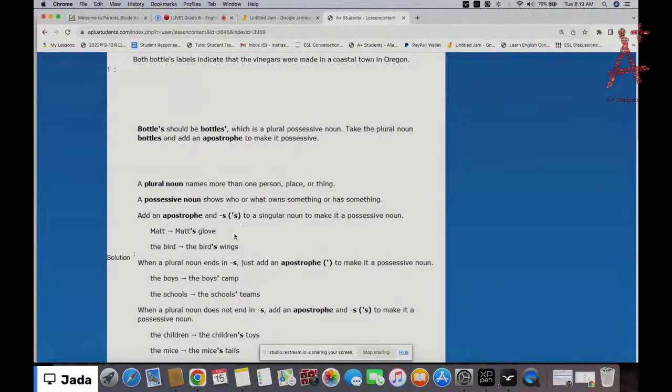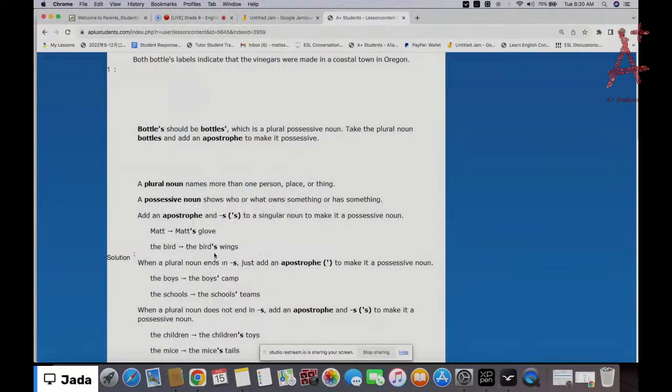For example, Mat glove, Mat's glove. So it's making it possessive to show us that this is for Mat. You add an apostrophe and then you add s. So the bird's wings. You're making it possessive.